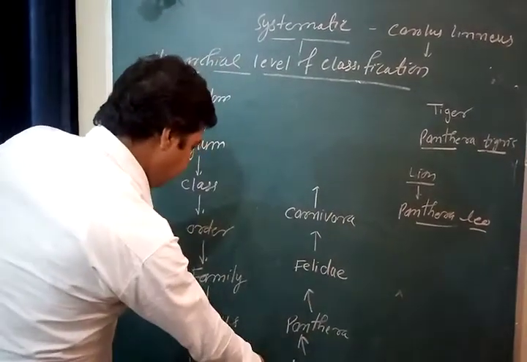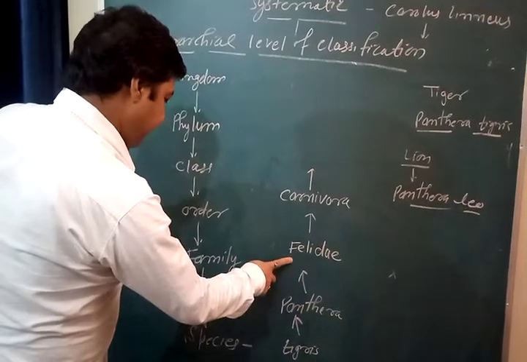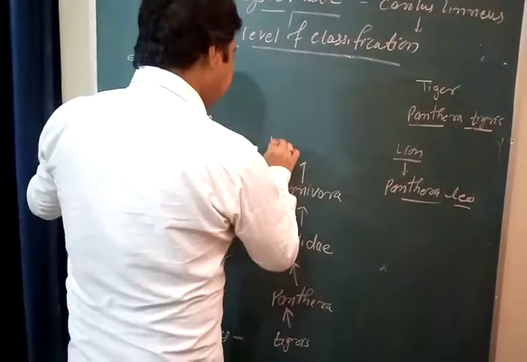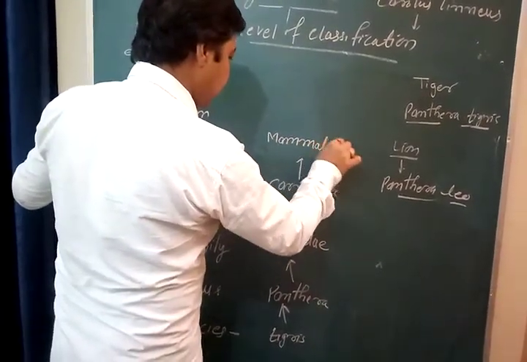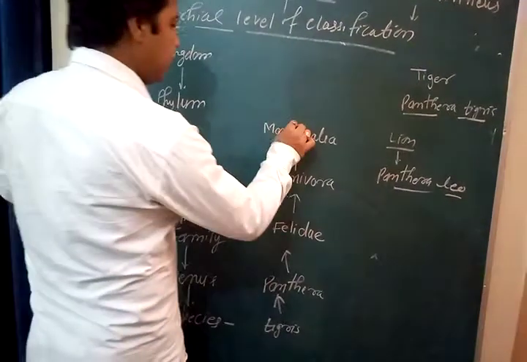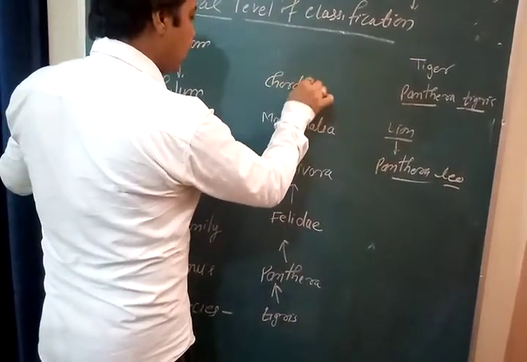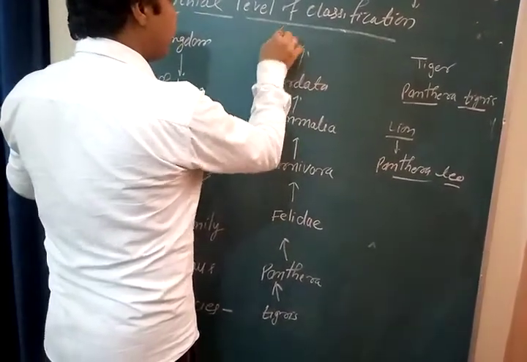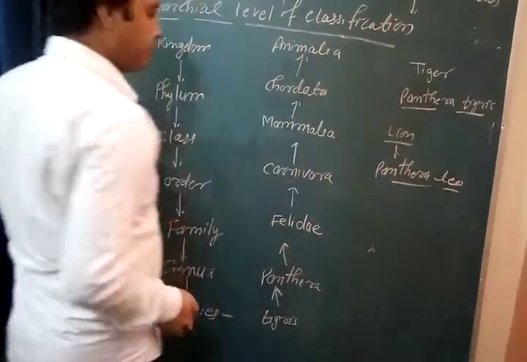Species, then genus, then family, then order, Carnivora. Class is Mammalia. Phylum is Chordata, and kingdom is Animalia.